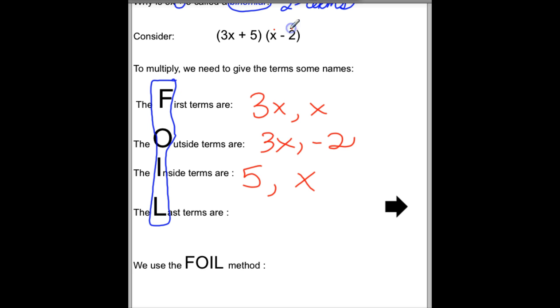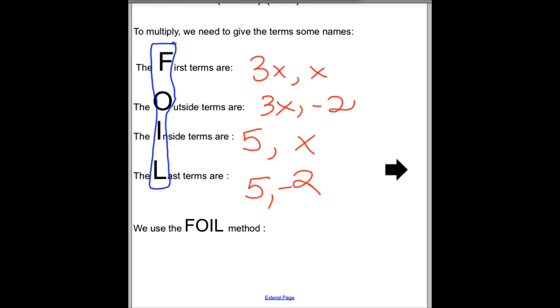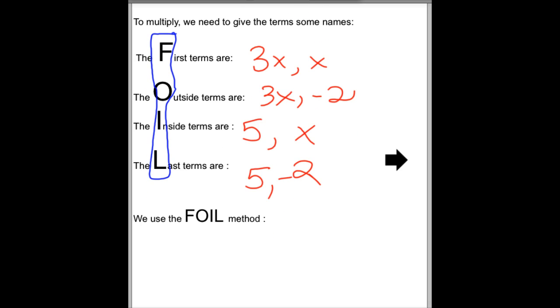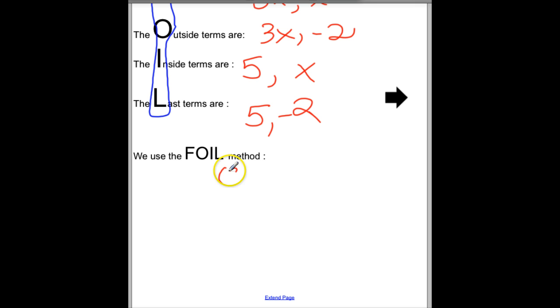So I don't mean this and this. I mean last in this one and last in that one. So it'd be the 5 and the negative 2. And so when we use the FOIL method, I'm going to rewrite that up here, it was 3x plus 5 times x minus 2.